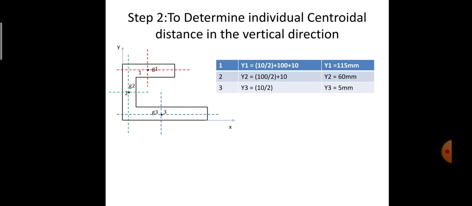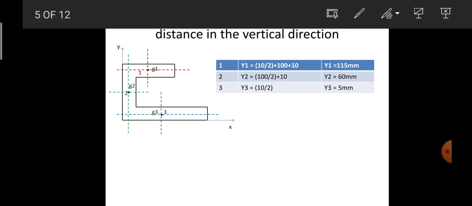Coming to the next step, we need to determine the individual centroidal distances with reference to the horizontal and vertical directions. First, the individual centroidal distance in the vertical direction. To determine this, I take the horizontal as the reference axis, that is the x-axis. I start from the first rectangle, this one.